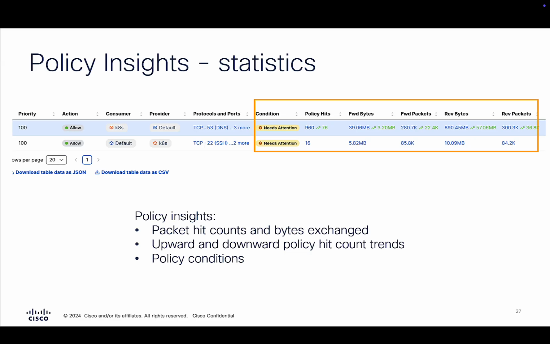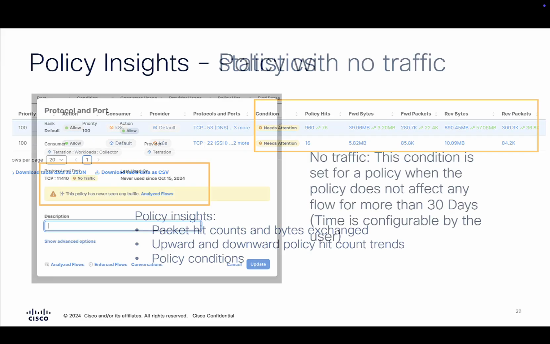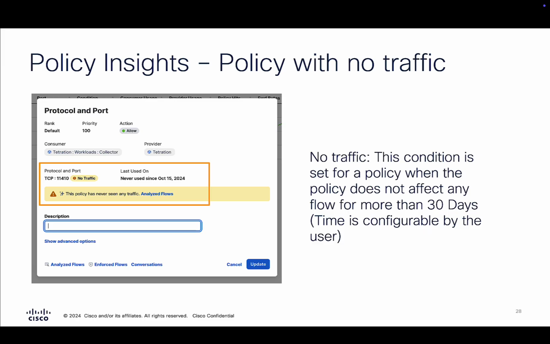There's also something we call policy conditions. For each policy, we have an AI engine running in the backend that analyzes these policies and gives you a little bit more insights or information about each policy.